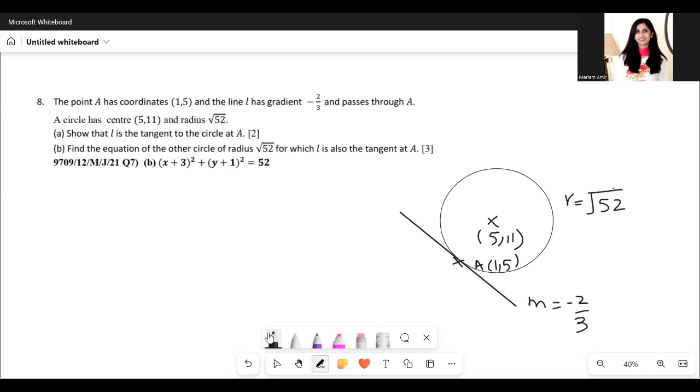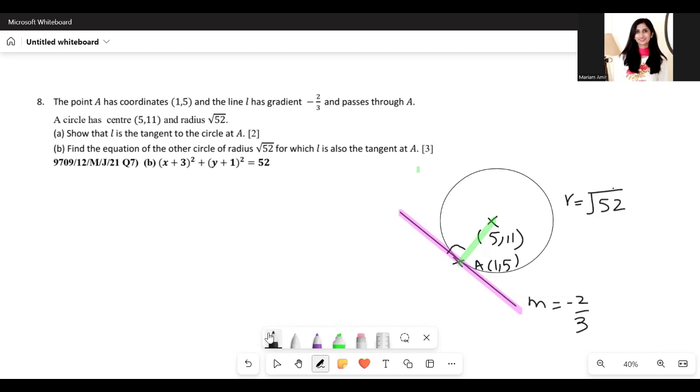Okay. Now, how do we show that this line is actually the tangent of this circle? Through their respective slopes. You already have the gradient of this line, and you are in a position of finding the gradient of the radius. Then you show that m1 times m2 equals -1, which shows there's a right angle between these two lines.